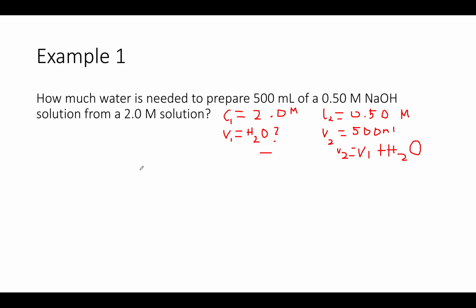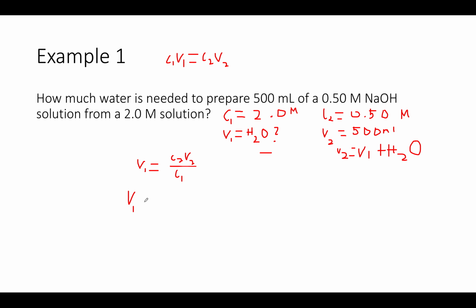So we're going to use that to solve. Let me solve for volume 1 using my C1V1 equals C2V2 formula. If I'm solving for V1 and I manipulate that algebraically, I get V1 is equal to C2V2 over C1.